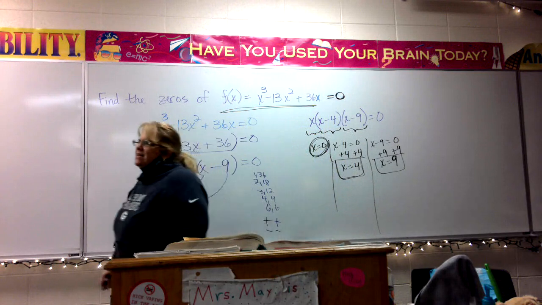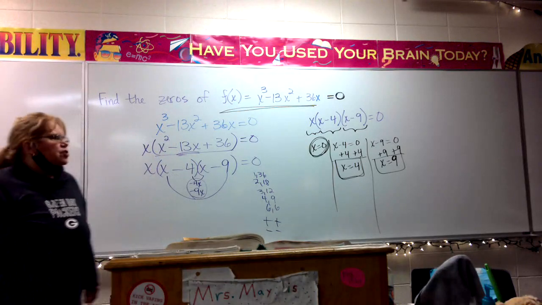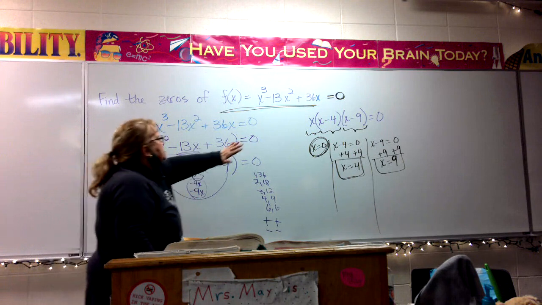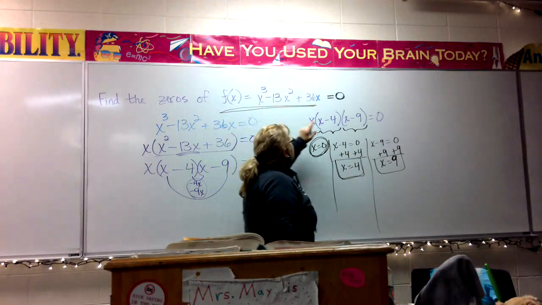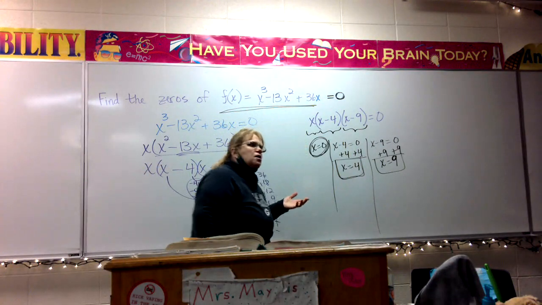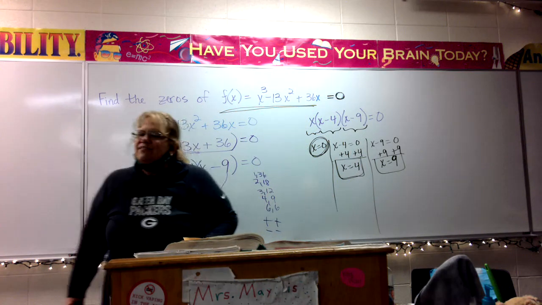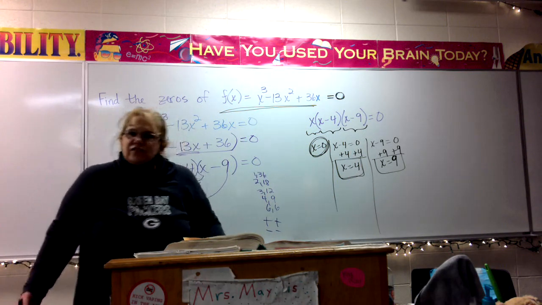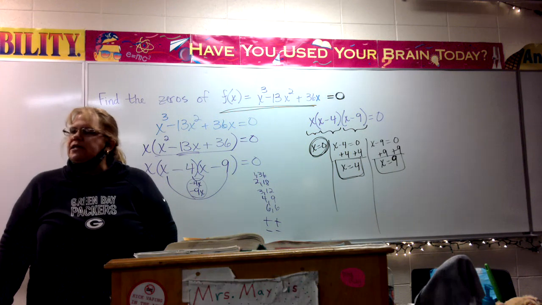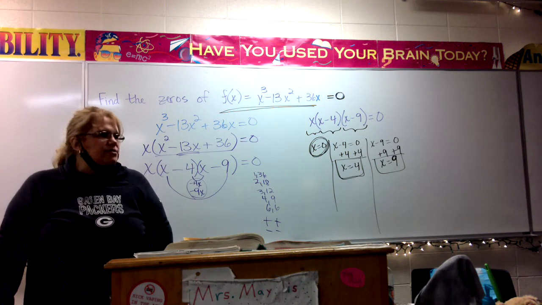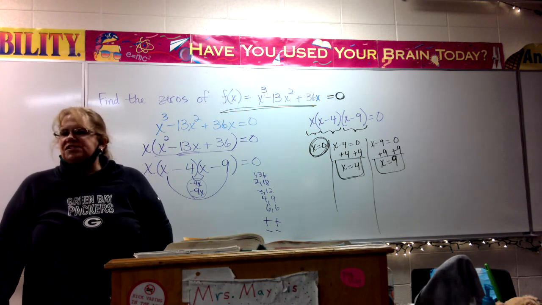And that's what it means to be a 0 of a function. You plug that value in and you work it all out and it ends up equaling 0. So basically, finding the zeros of the function, that's what we were doing yesterday, right? We just didn't call it that.